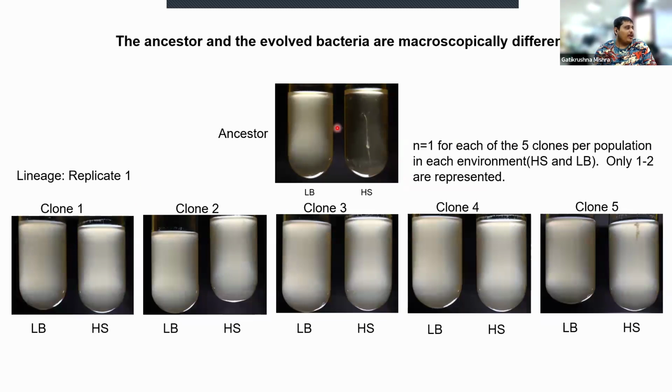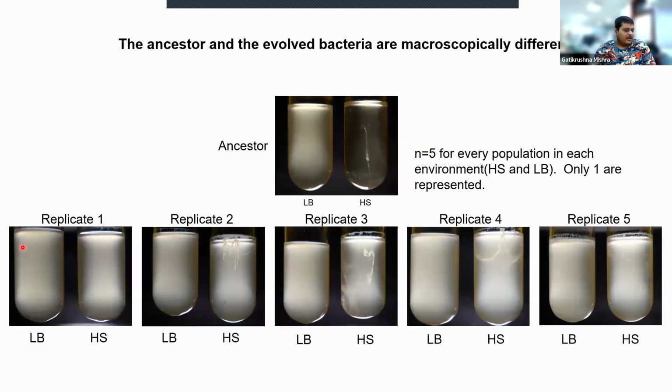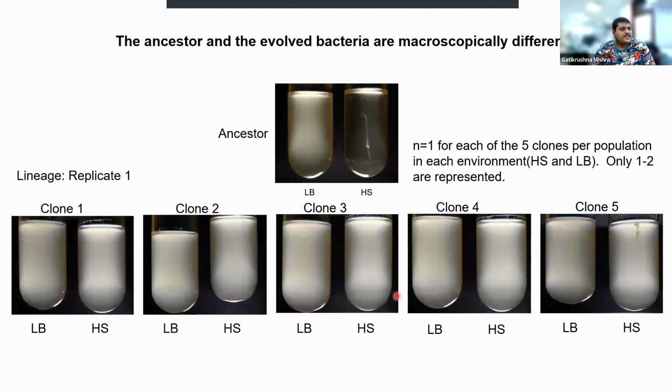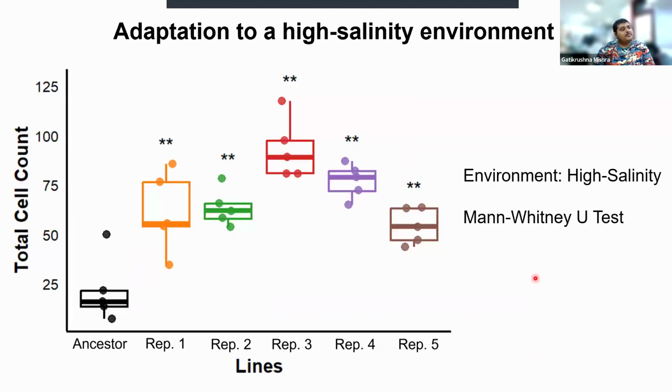And for replicate one, which was most successful right here, we have five clones, and we almost see that all the five clones of replicate one are very, very successful in becoming unicellular. And in terms of colony counts, we also see the same, where the total cell number has increased in high saline environment as compared to the ancestor across all the replicates.